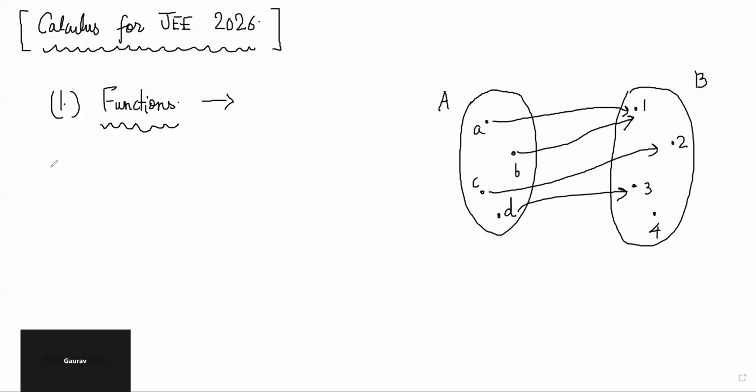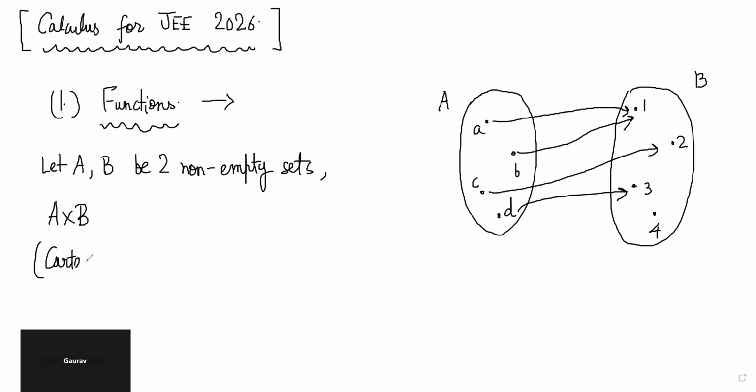So first of all, let there be two sets A and B, two non-empty sets. We'll first define the idea of Cartesian product. What is A cross B, or Cartesian product of two sets?